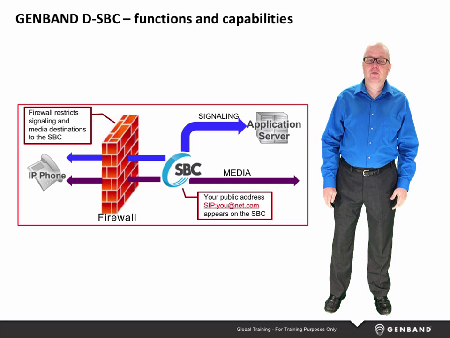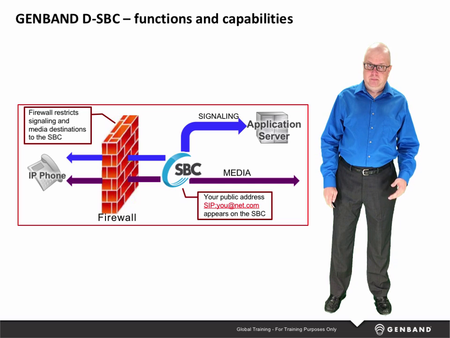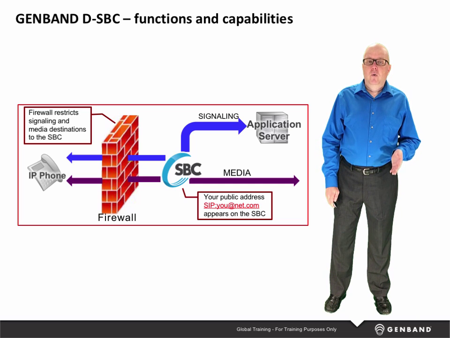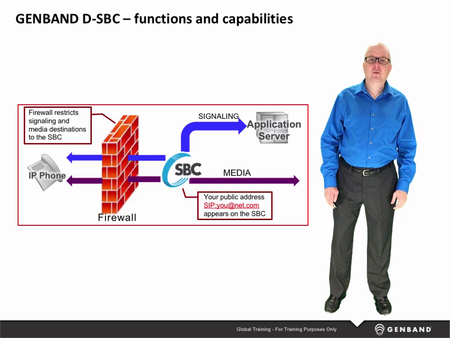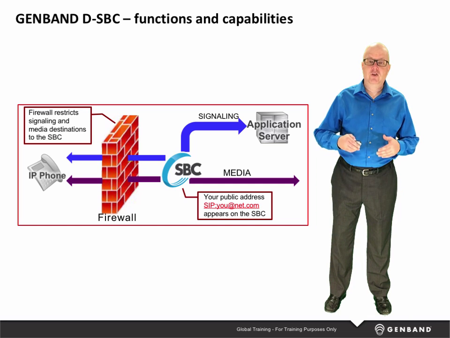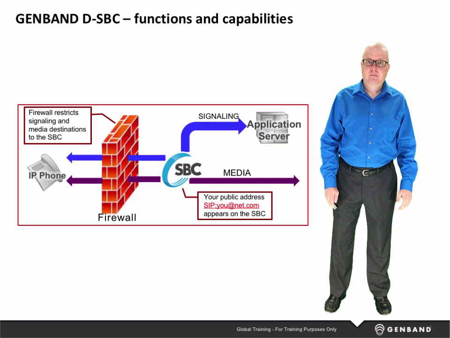Most residential modems would be set up in that addressing range. That phone would send a message, a request for telephony, into your SBC, into a particular IP address and port range, and the SBC would look at it and say, oh yeah, I know what this is, and it would throw it over to the application server or switch for call handling.